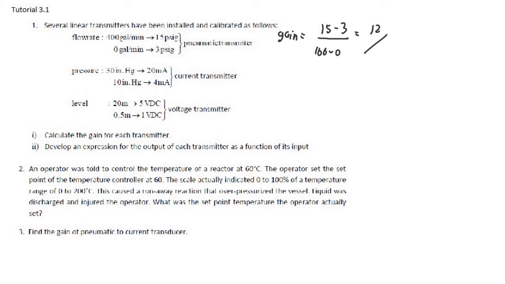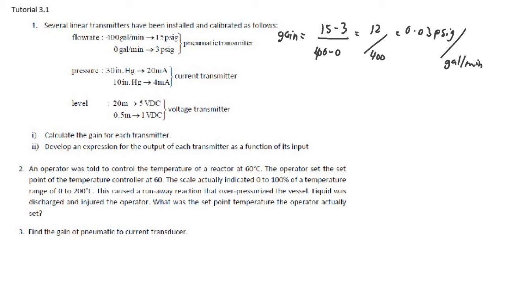Sorry, this one is 400. The final answer would be 0.03 PSIG over gallon per minute. Okay, so this is for the first, the flow rate.